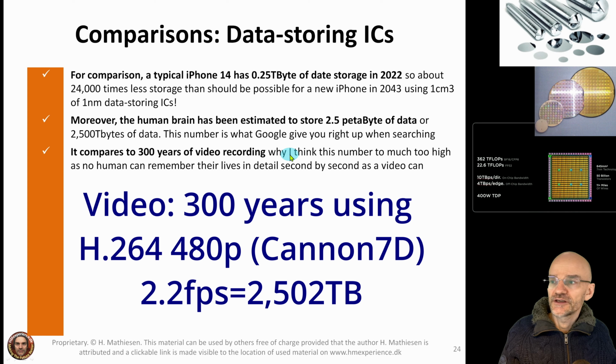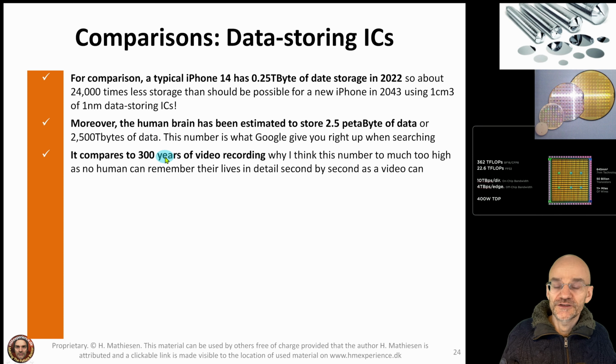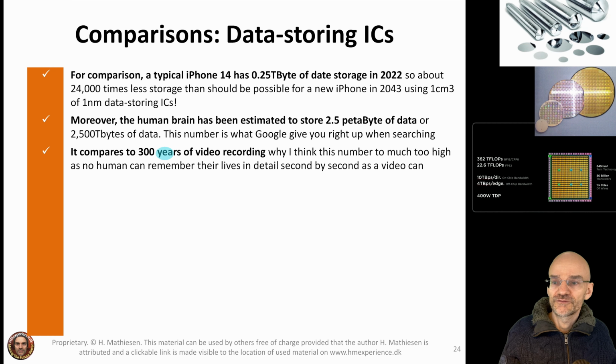And this is why I think that this number here, 2,500 terabytes in an average human brain, is off by 100x. I don't think the human brain can store that much information. And that's from my own experience and just from talking with other people. How much can they remember?